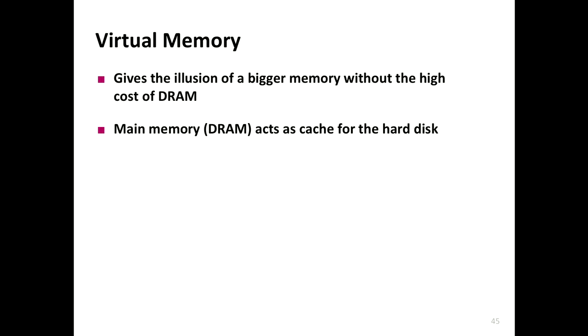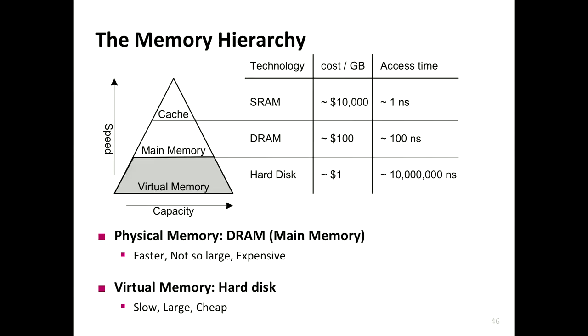In some sense, we could see the main memory, that is your RAM, as a form of cache for your hard disk. So you have a cache for your main memory, and then main memory is actually a form of cache for your virtual memory. If you go back to this hierarchy, you have virtual memory right at the bottom, very high capacity, and cheap as well.